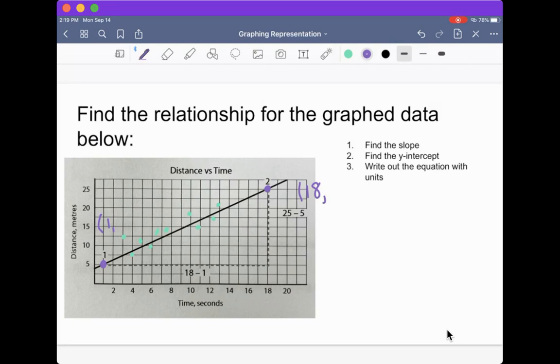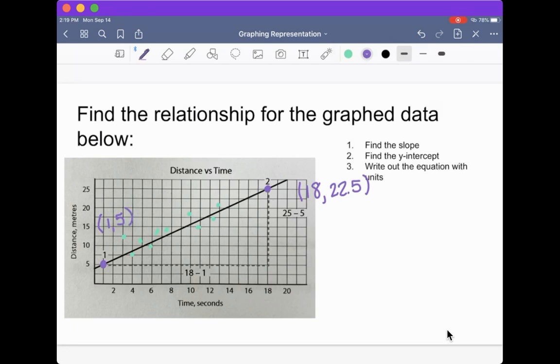Let's see, 15. So 2.5. So this is going to be 22.5. And this guy over here is going to be 1 and 5. Okay, so we get these plots.